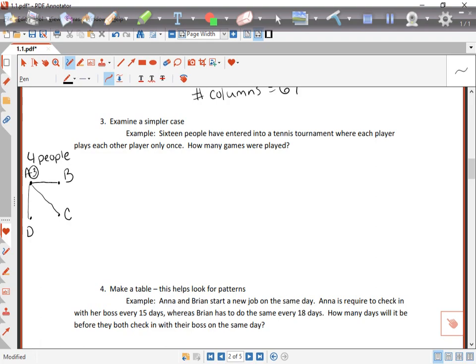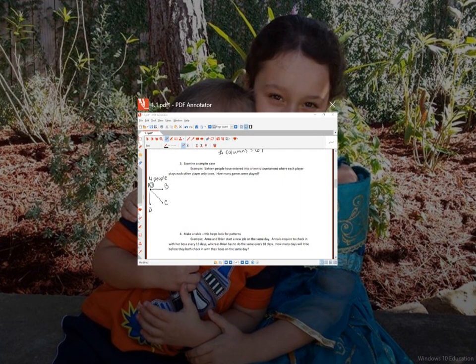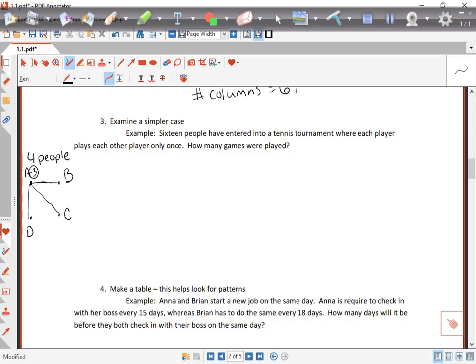Then person B has already played A, so we need to figure out how many more games they're going to play. They're going to play person C and person D. They're going to play 2 more games.